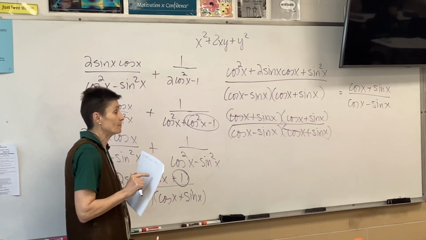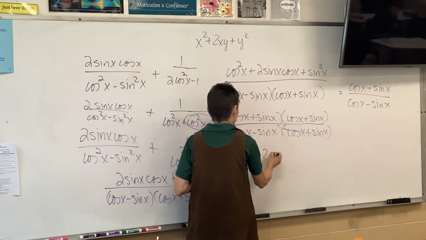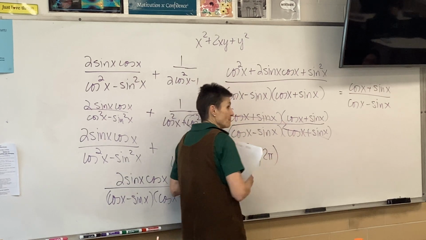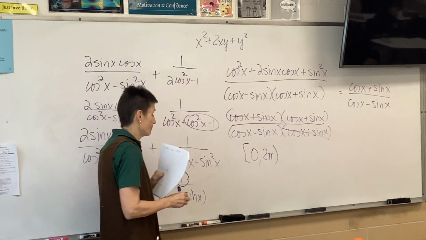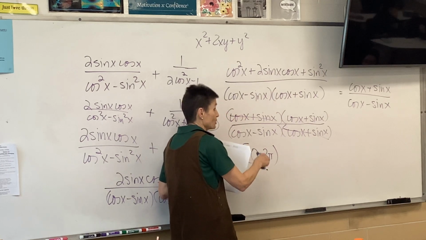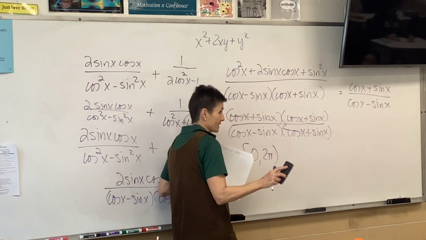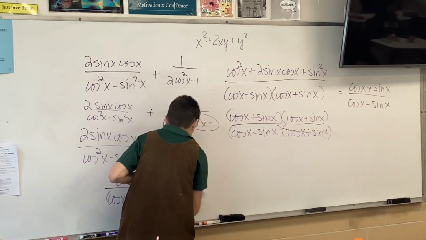Well, the directions are 0 to 2 pi. What does that parentheses mean? Yes, it would be wrong. If 0 is one of the answers and you wrote 2 pi, you know what you're doing. Okay? So let's not sweat about that.